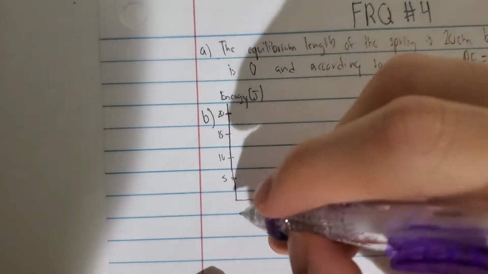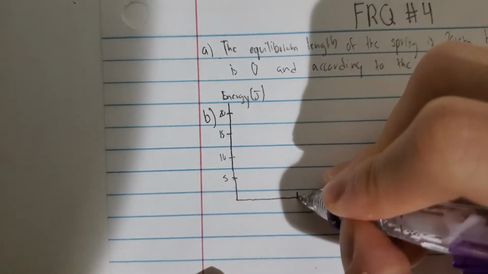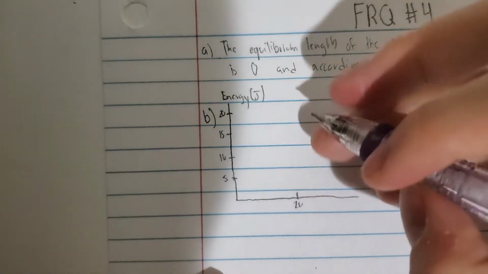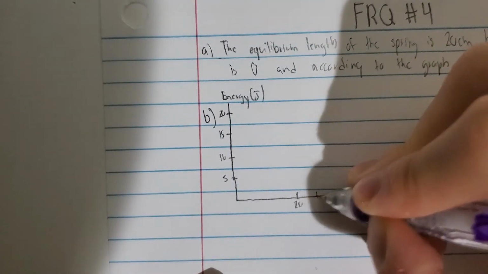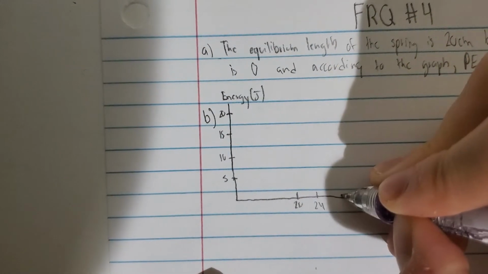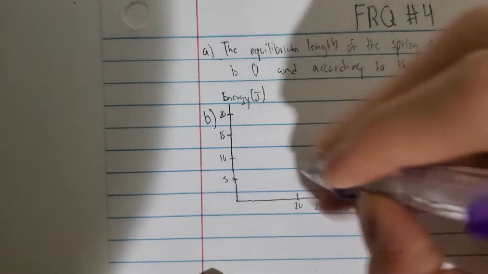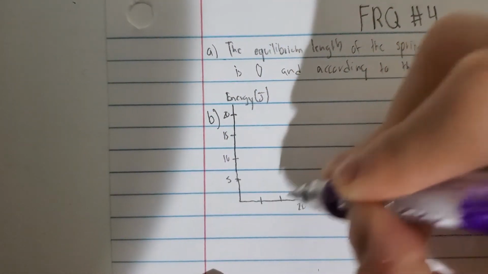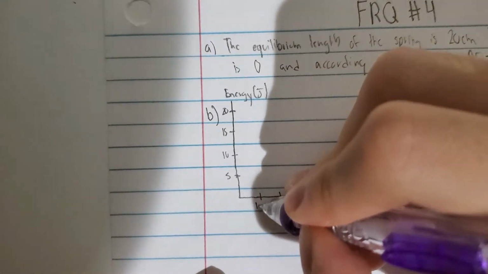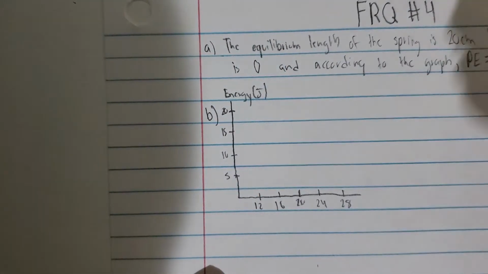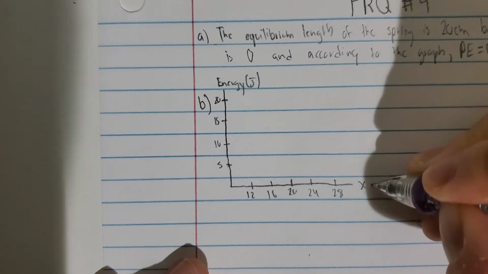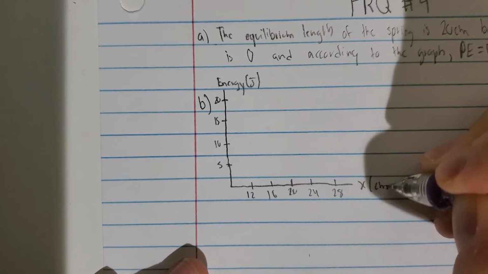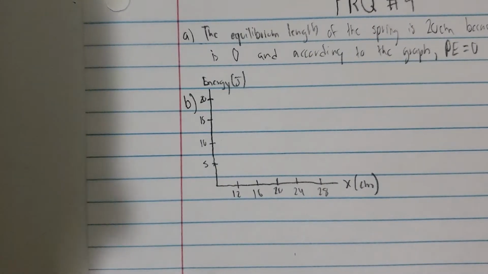This axis, so we have 20, 24, 28, 12, and 16. Okay. And this axis is the x-axis that represents the length in centimeters.